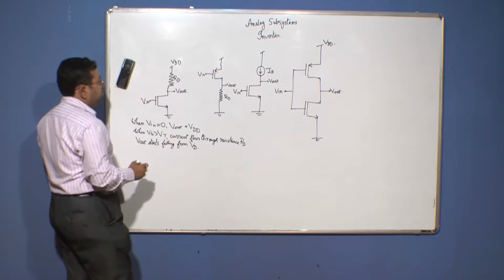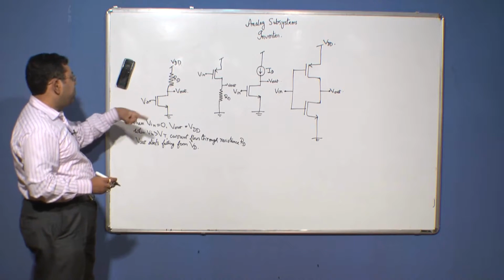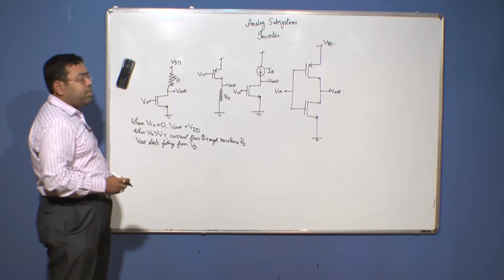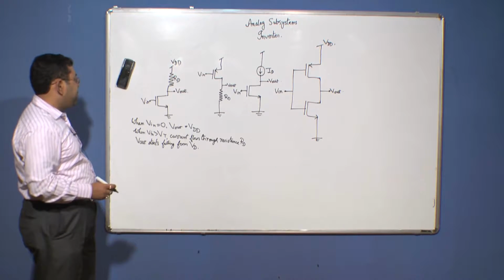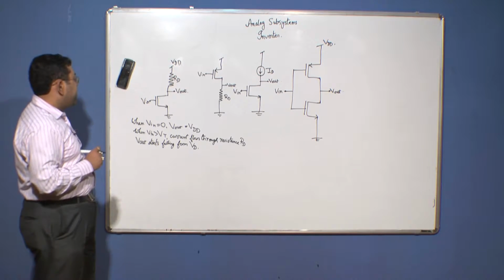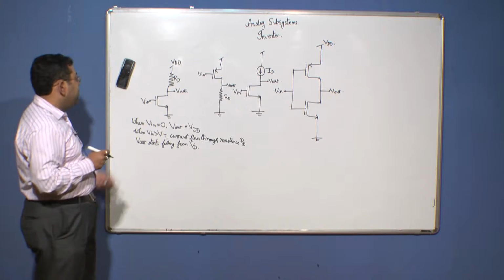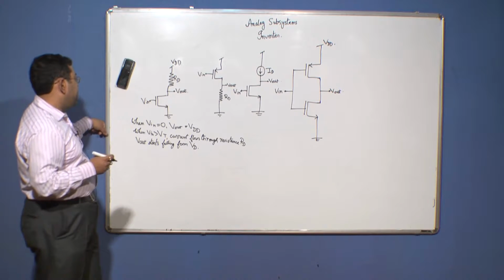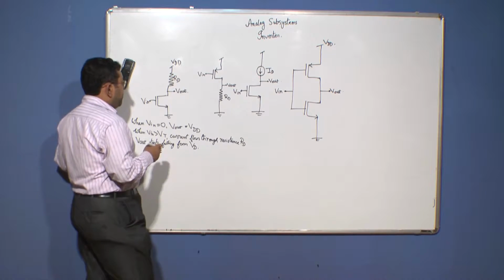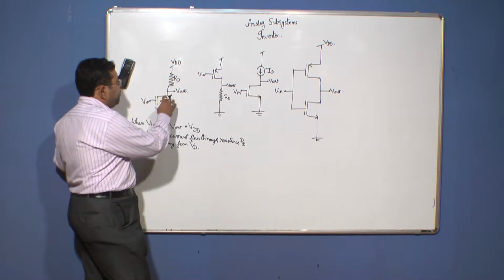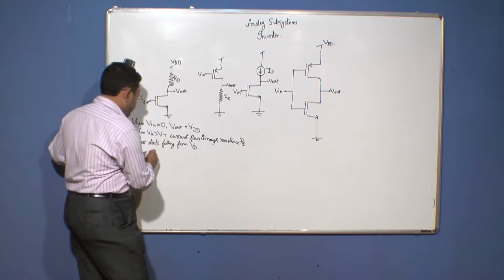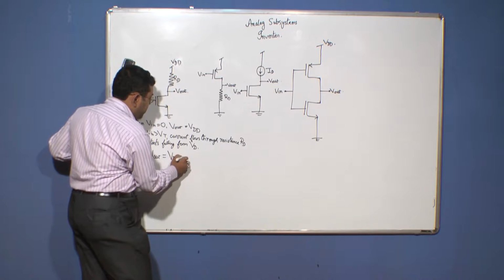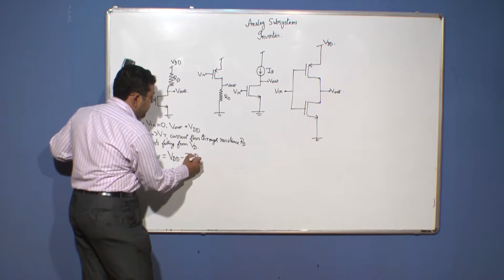But what is the region in which this MOS transistor will be operating? It will be operating in the saturation region, because Vout is basically VDD minus ID times Rd.